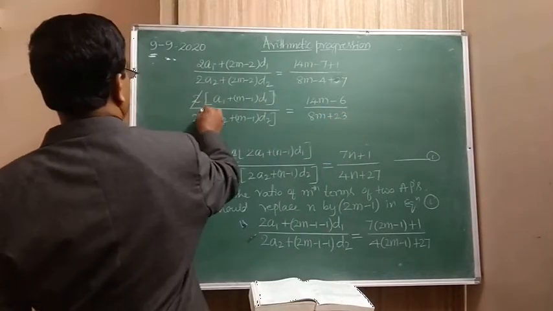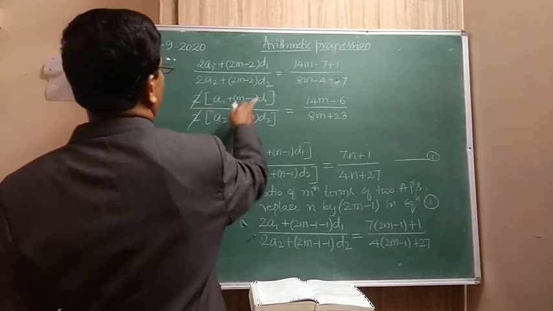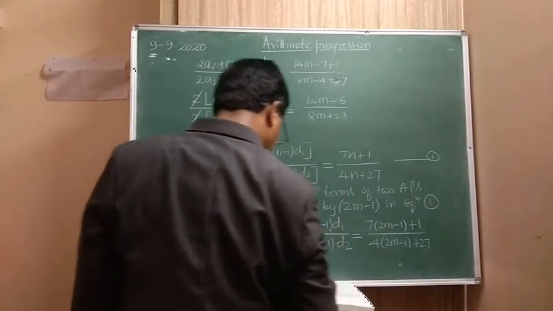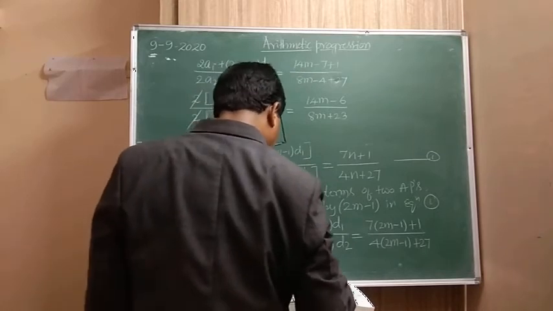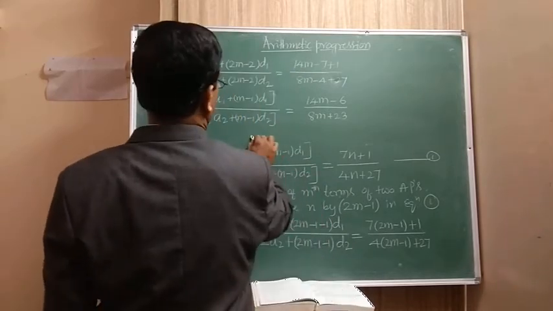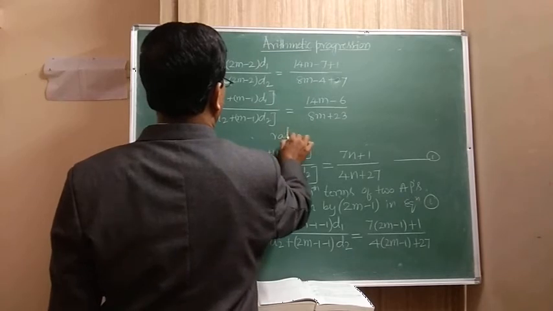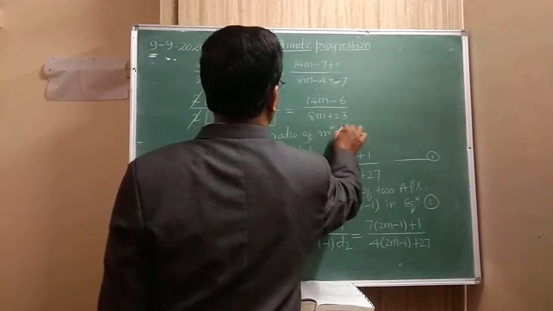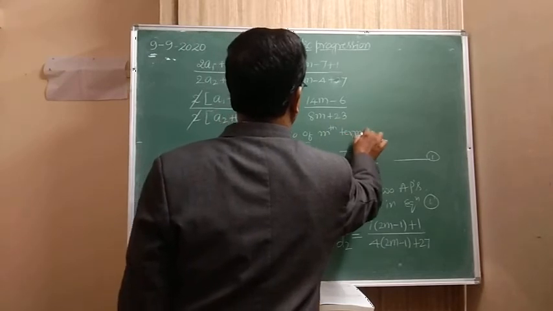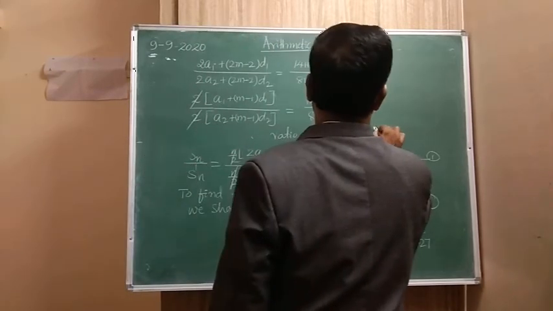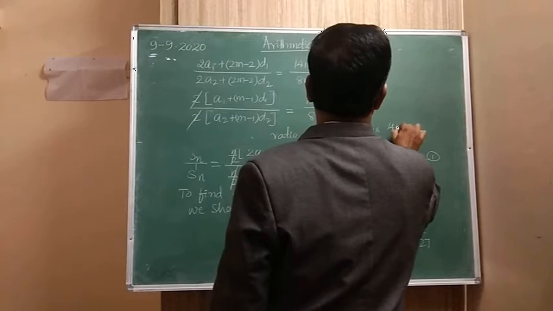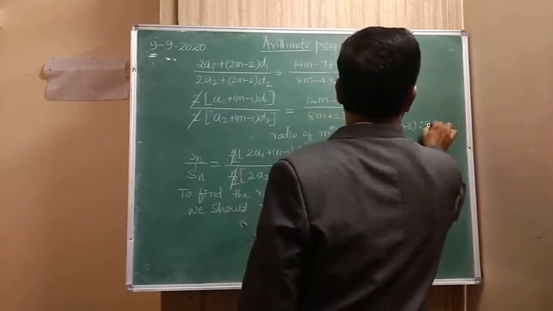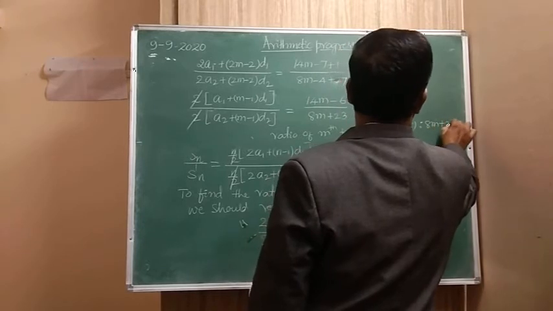Okay, now this gets cancelled. Now this you can write this as what? The mth term. So the ratio of the mth terms. Therefore, the ratio of mth terms is 14m minus 6 is to 8m plus 23.